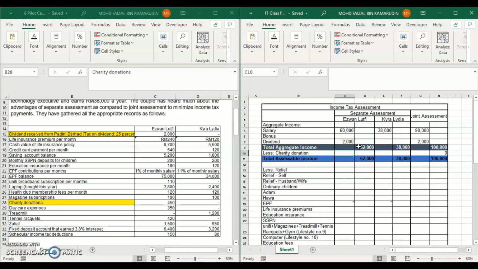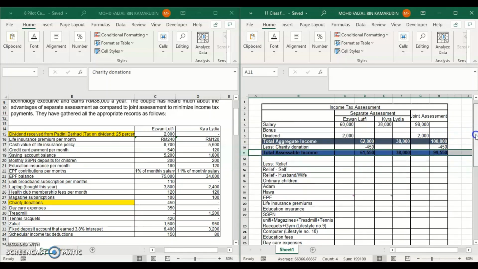Sorry, should be over here. No donation for Kyra. And then for the joint assessment, yes, we can take that one. So this is the second item that we have solved, which is total assessable income.